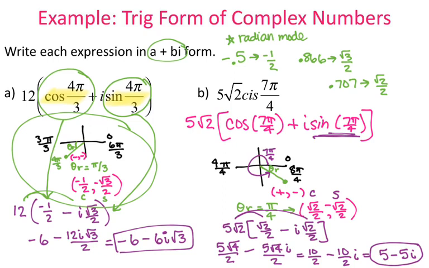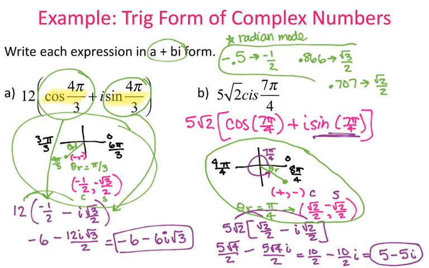So then I can just go straight down here and write negative root 3 over 2. All right, so as I was saying, you're more than welcome to skip this step if you want to. You can use these little shortcuts in the calculator if you know the decimal approximation for the exact values of the trig functions. All right, so that concludes our little lesson for today, trig form of complex numbers.